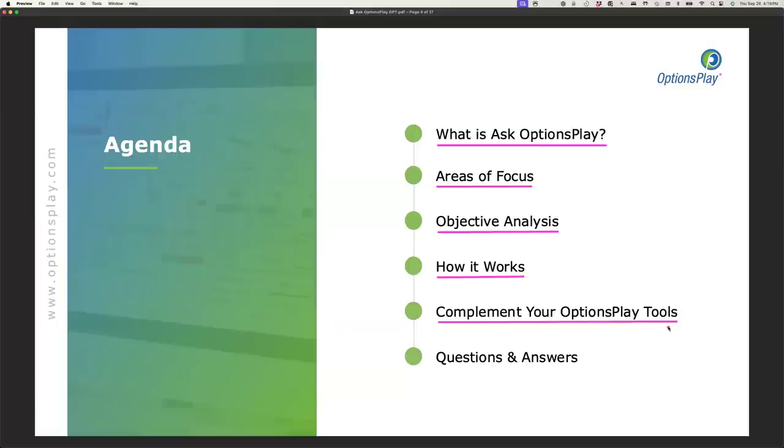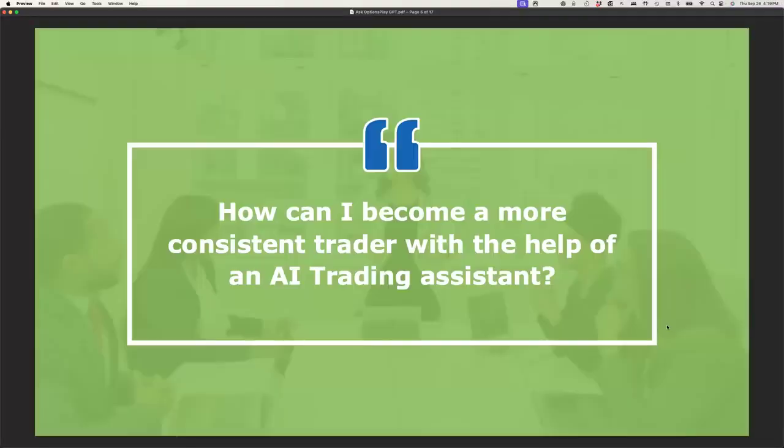But the primary question that I want you to walk away from today's session with is: how can I become a more consistent trader with the help of an AI trading assistant, specifically the custom GPT that we have launched for helping you improve as a trader?